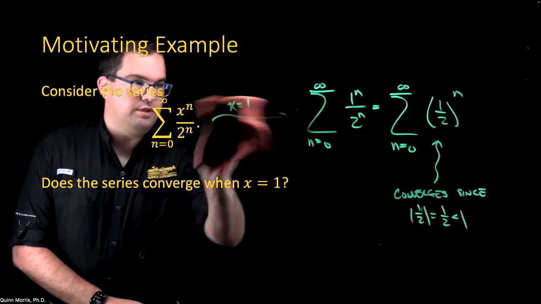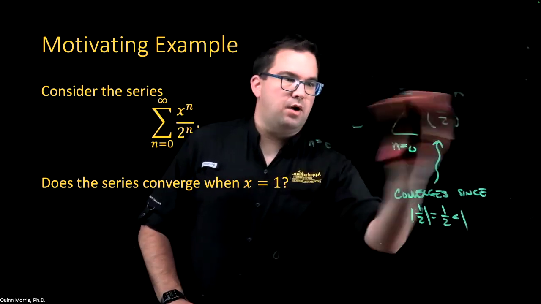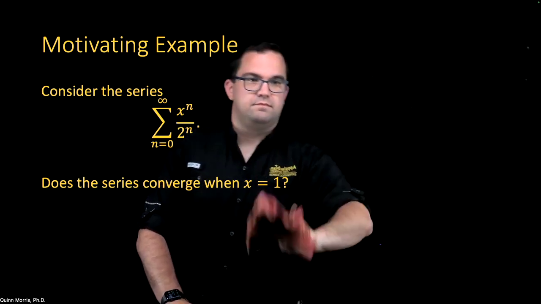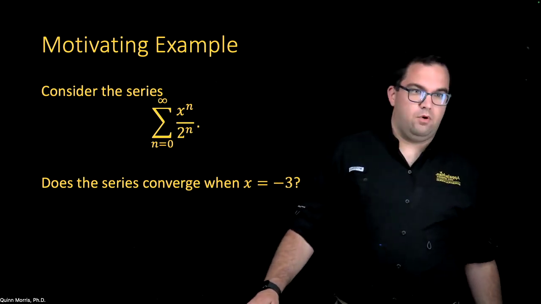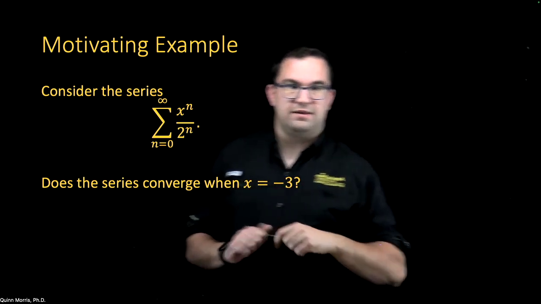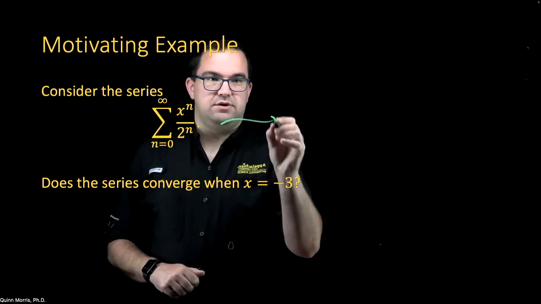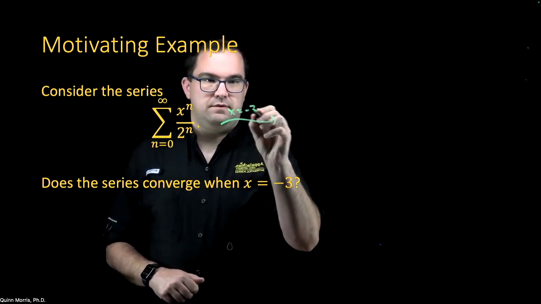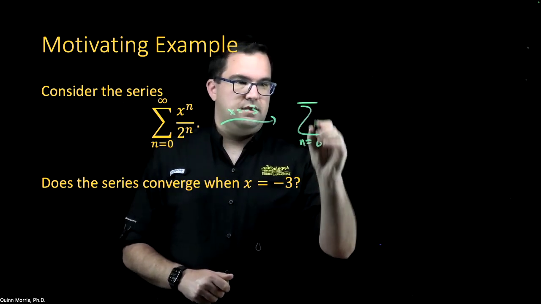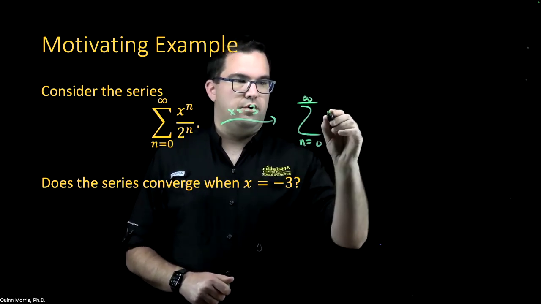Now, of course, we could change this problem up a bit. What if instead of 1, I ask you, does this series converge when x is equal to -3? Well, again, you can plug in x is equal to -3 in a very similar fashion to before.